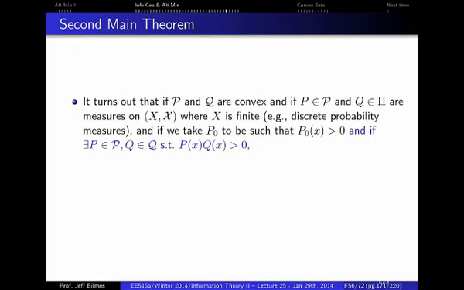And if there exists some P such that this is also trivially true. If there exists a P and a Q such that the product is strictly positive, which is always going to be true for measures, right? So in other words, if your sets are not constrained such that you have this sort of positive incompatibility with respect to each other.